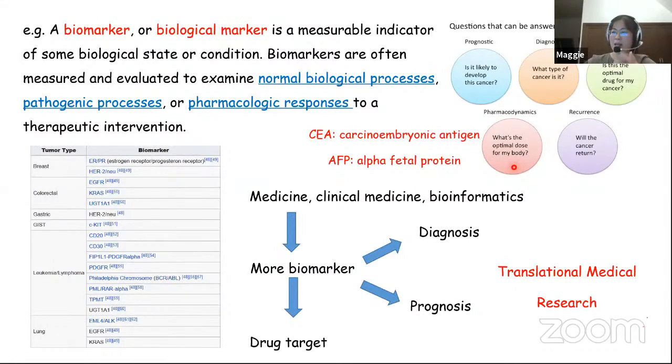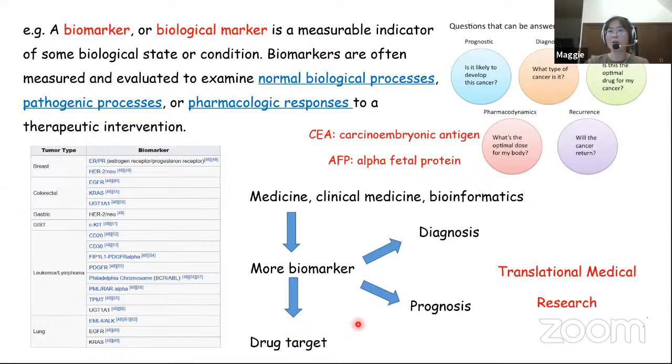So as a summary here, we can use different techniques, for example lab techniques or bioinformatics techniques, to find new biomarkers. Then these new biomarkers can be used for diagnosis, prognosis, and some biomarkers can be used as drug targets to develop new drugs for the treatment of this disease.